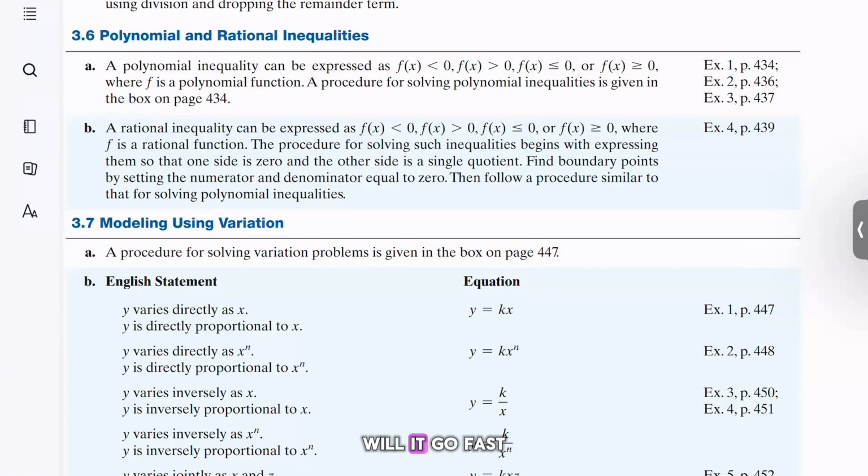Will it go fast toward infinity? It's almost like asking, does it rise or fall very quickly, or does it move slowly? It depends on what number you put in the numerator or the denominator.